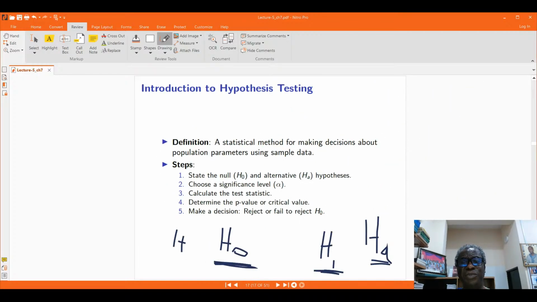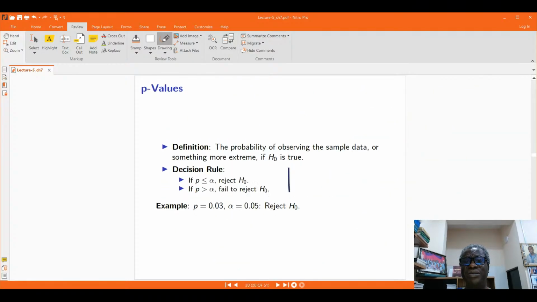We need to formulate the null and the alternative. We need to choose a level of significance. We need to calculate the test statistic. Then we need to determine the p-value or the critical value. So here now, we want to talk about the p-value.